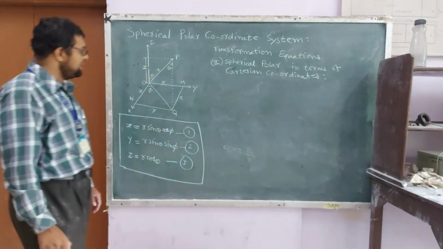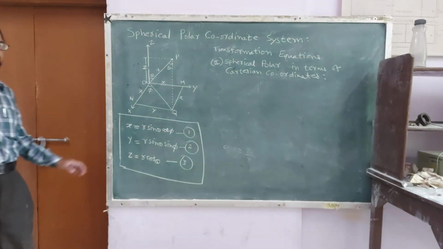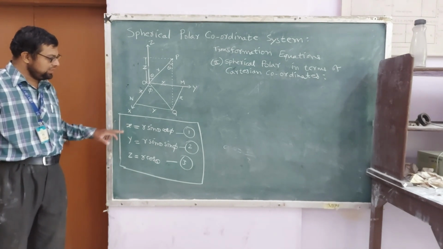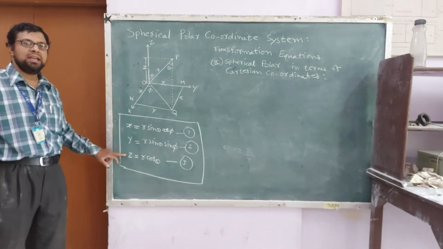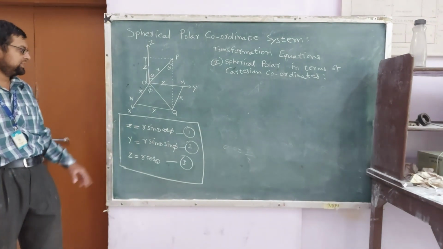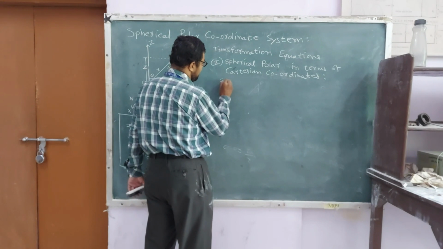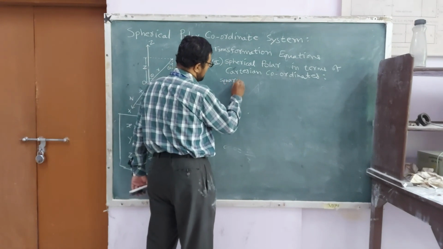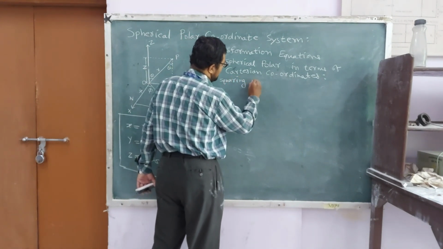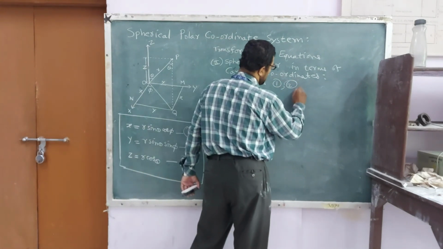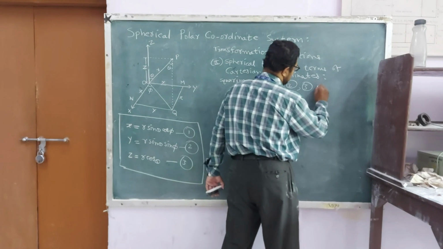First we have to find out what r will be. To find r, we will square equations 1, 2 and 3, and add all these three equations. I will write down here: squaring equations 1, 2, 3 and adding them.